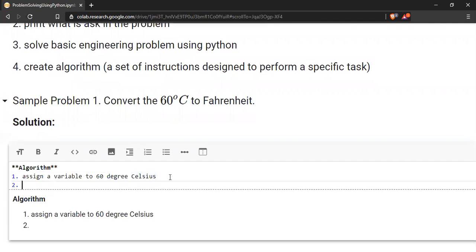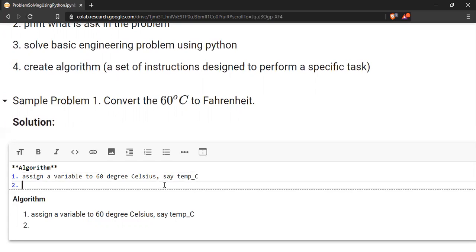We are going to solve for the Fahrenheit. So for our first step, we will assign the variable as temperature in Celsius, and then we will convert that to Fahrenheit.